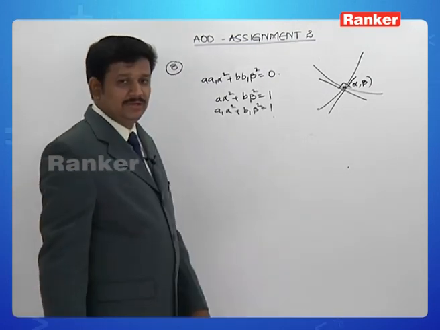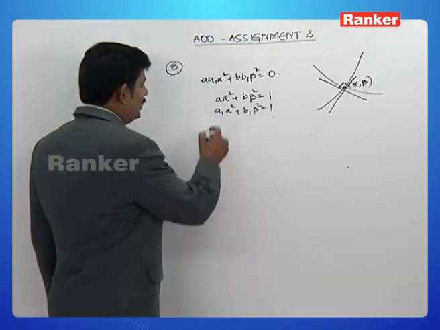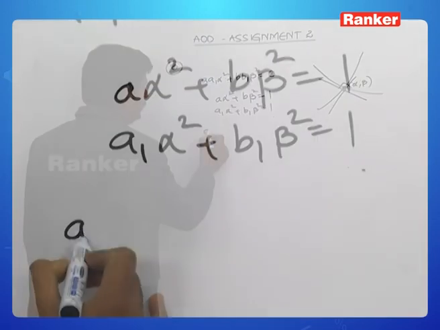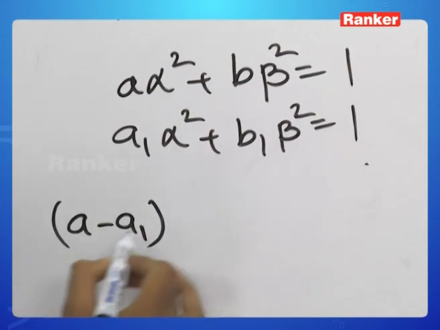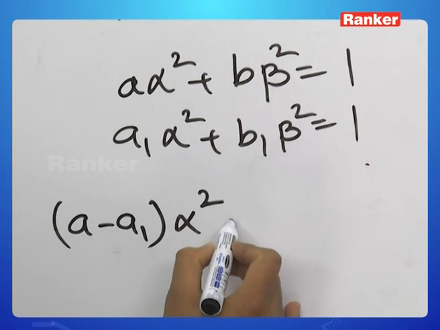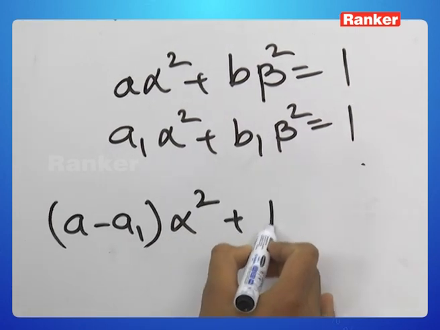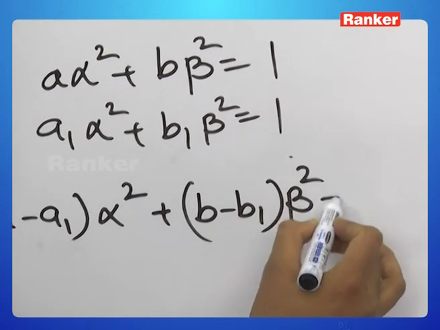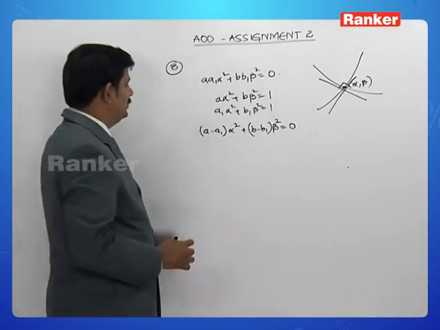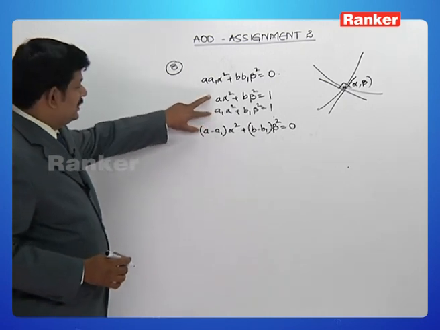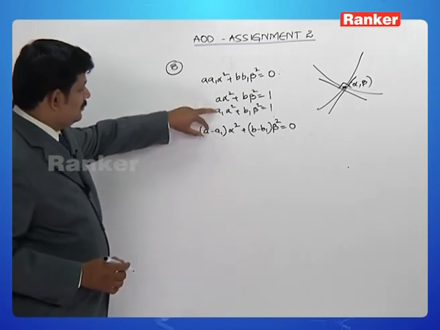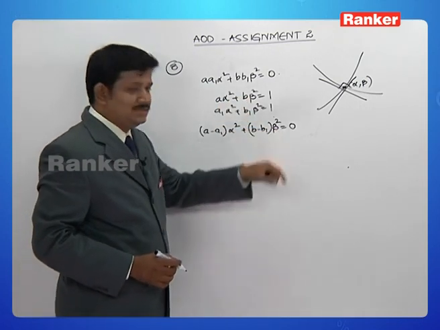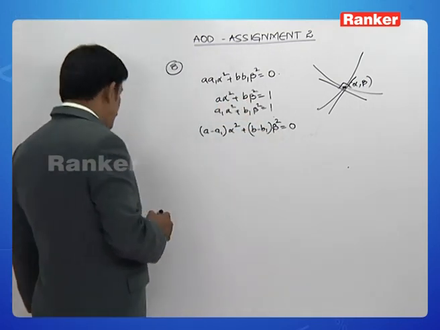We can do it in many ways, one of which is to subtract the equations. Subtracting the second equation from the first, we have a minus a1 into alpha square plus b minus b1 into beta square is equal to 0.